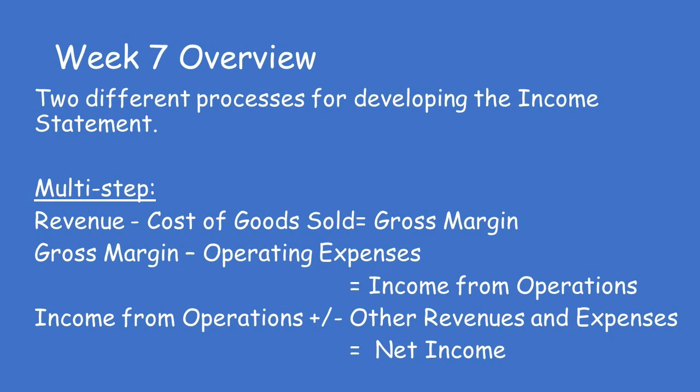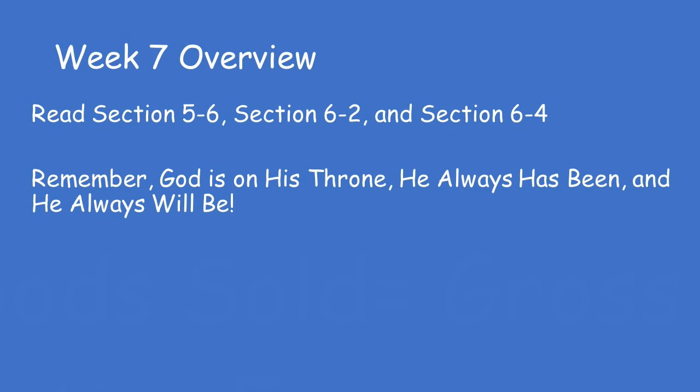The advantage of this kind of income statement is that it gives users an opportunity to see specifically how the operation side of the business is managing their revenue and their expenses. Usually continuous improvement ideas begin on the operation side of the business, and that multi-step income statement exposes those relevant operations that need to be focused on. So be sure to check out Section 6.4 to learn more about the multi-step process of presenting this type of income statement.